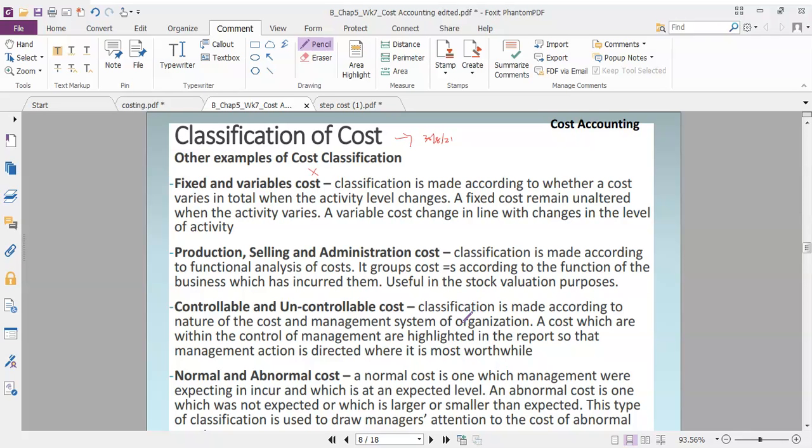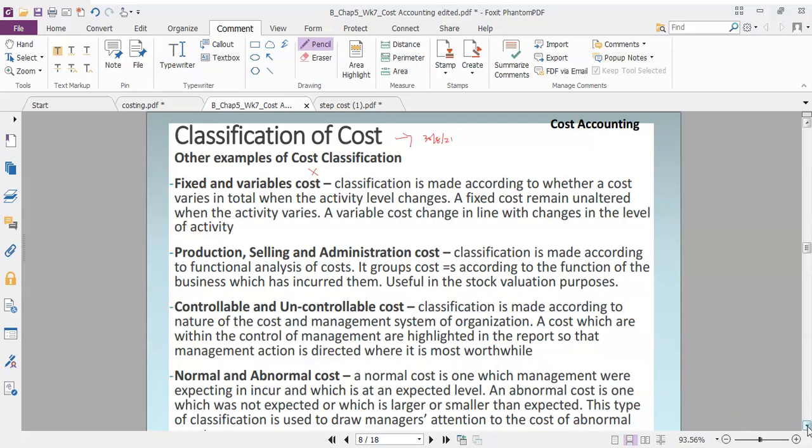Banjir tu adalah satu situasi kos yang terhasil adalah uncontrollable. Kita tak boleh nak control benda tu, kita tak boleh nak make sure dia tidak berlaku. Itu di luar jangkaan ataupun kita tak boleh nak expect. The cost uncontrollable ni cannot be expected by the management or organization itself.